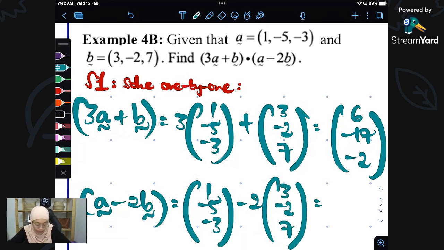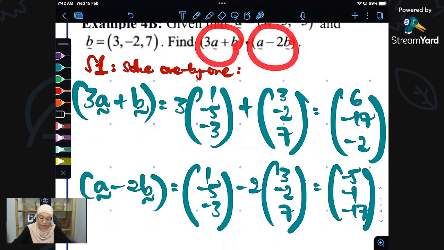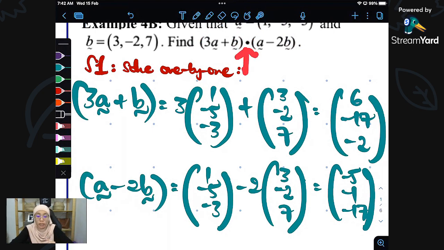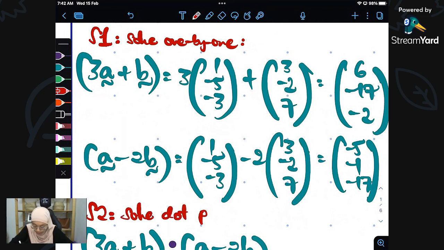And it will give you negative 5, negative 1, and negative 17. That is your first step, to solve one by one. After that, you solve the dot product. So the second step is to solve the dot product.